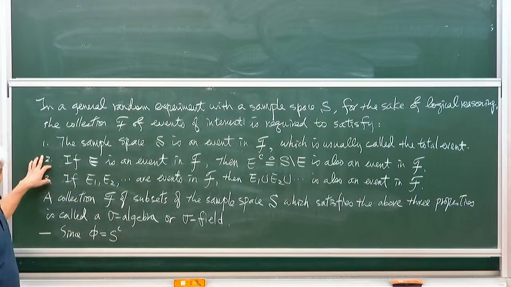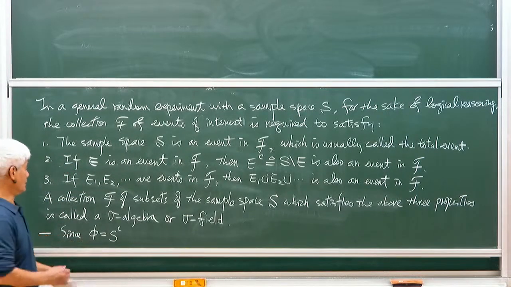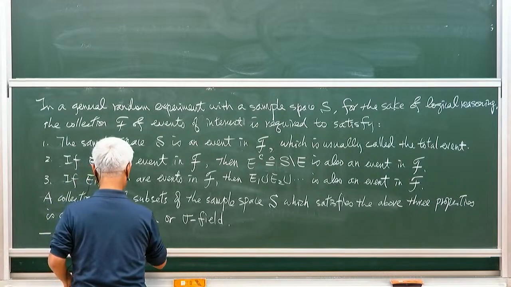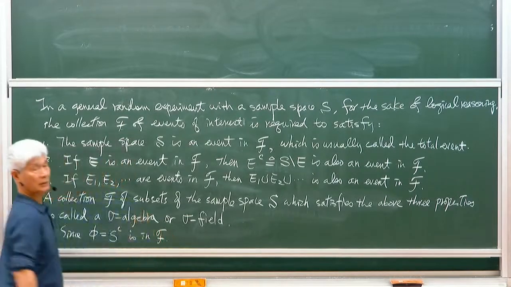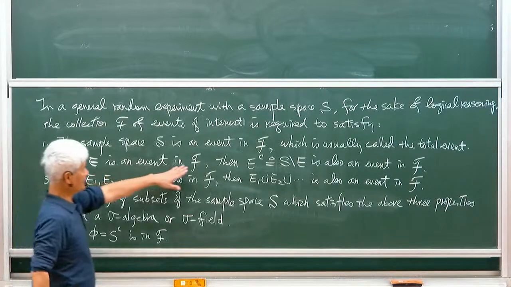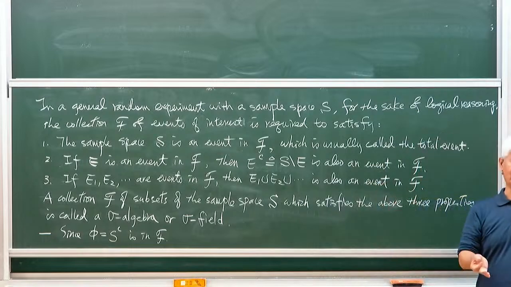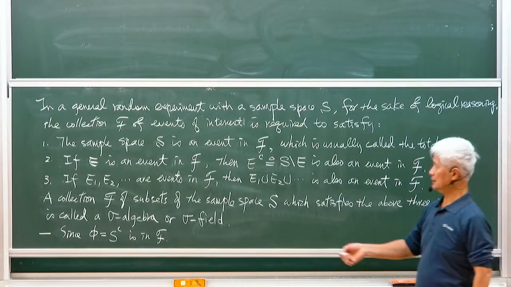So by the second property, the empty set is in F too. Okay? So it's called a null event. So the null event must be in any sigma algebra, just like the total event is a requirement, the total event must be in any sigma algebra.